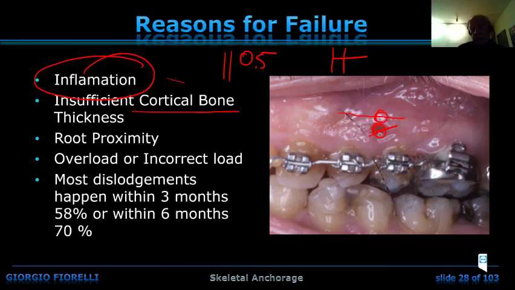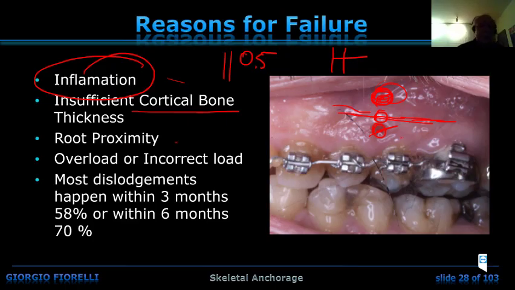I could have placed it even here, but if you place it here, there is no way that you can avoid inflammation, because in this area the patient defenses are not good enough, so you will have a lot of inflammation here. And so try to avoid staying up here beyond the limit of attached gingiva.